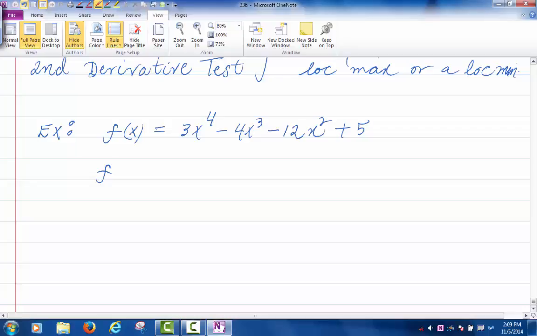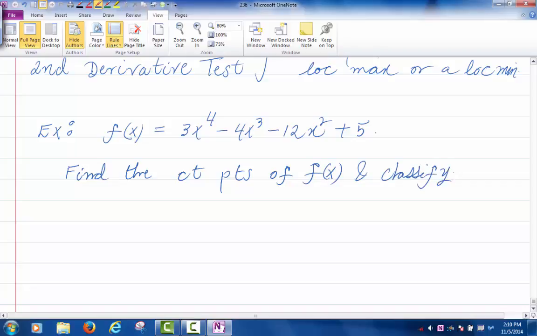So let me write down the way that this question will be phrased. The question is the following: find the critical points of this function f and classify them.